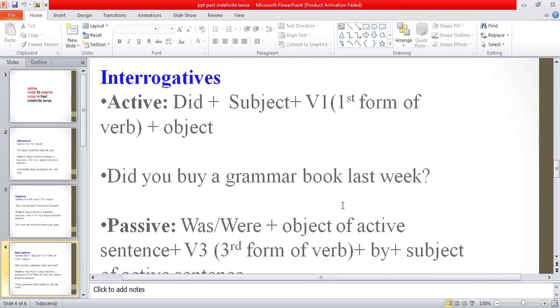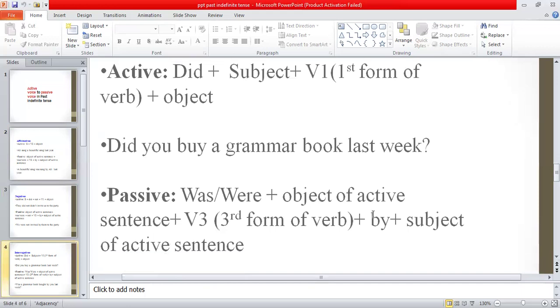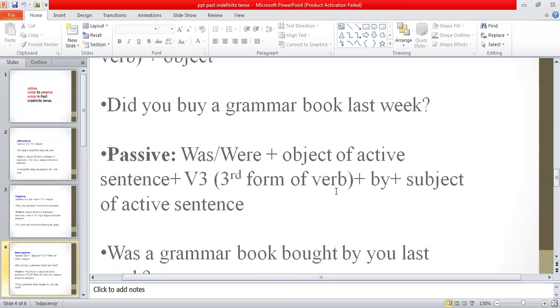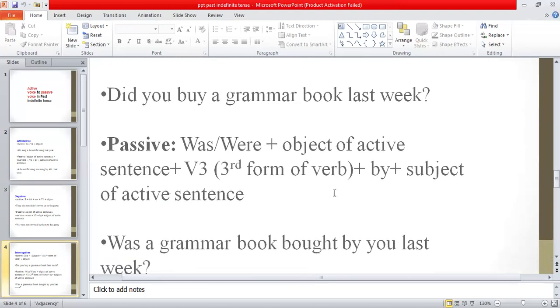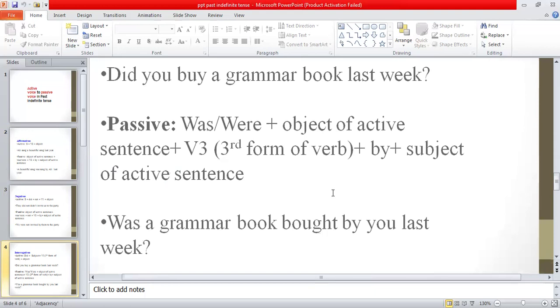When you change it into the passive voice, was, were will come in the beginning of the sentence, then the object of the active sentence will be there, then you will use the third form of the verb, and then comes the subject of the active sentence. So the final passive sentence will be, was a grammar book bought by you last week? So I hope that this lecture will be understood by all of you.